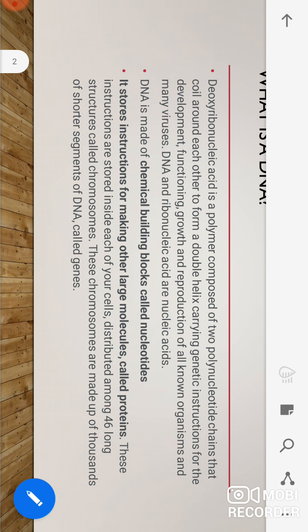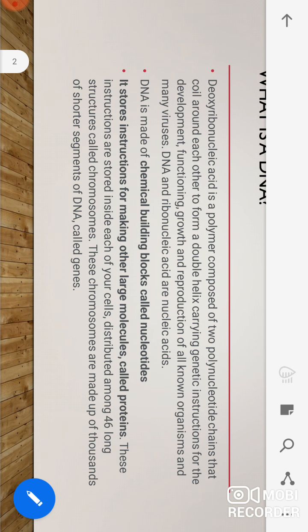So DNA is present in all organisms including viruses, and it has two polynucleotide chains that coil around each other and form a double helix. They carry all genetic instructions and play a major role in development, function, growth and reproduction.